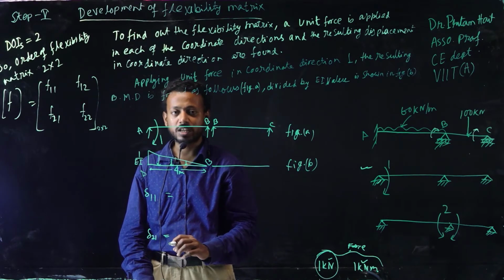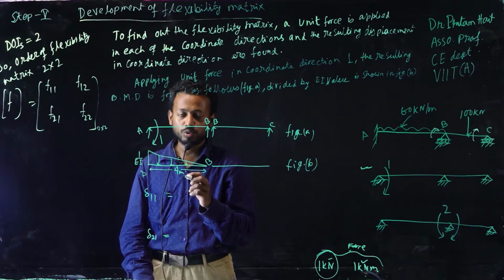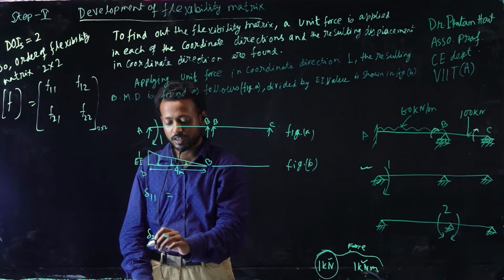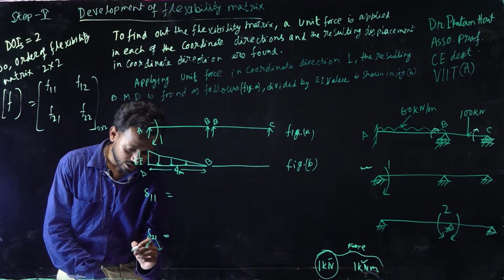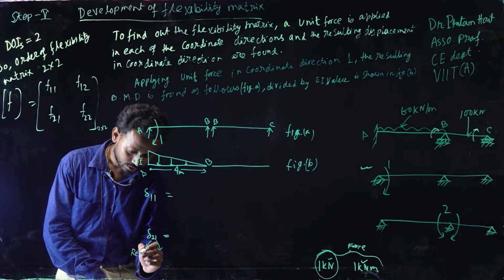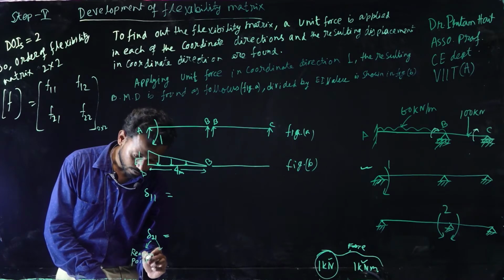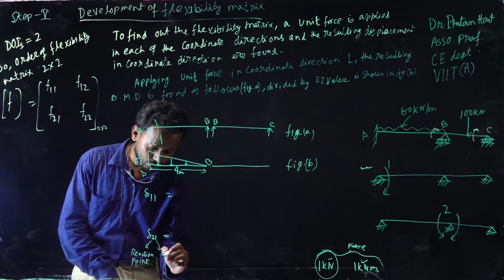Delta 21 is representing the reaction at point 2 due to applied unit force at coordinate direction 1. Here the first term is representing where you are calculating the reaction point, and the second position number is representing the applied load point.